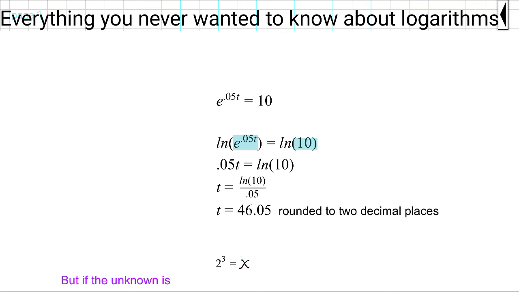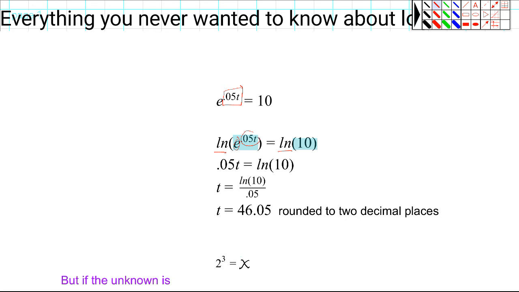So what we've done so far is to say, okay, if we have an exponential function that we are trying to solve, and the variable is in the exponent, then what we have to do is take the natural log of both sides of the equation, because the natural log somehow mysteriously undoes the base of e, so that we're left with the exponent now down out of the exponent, and then we just have to do some simple algebra and use the calculator in order to come up with the answer.